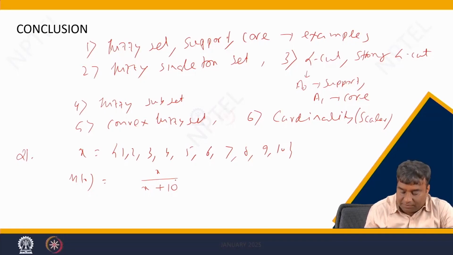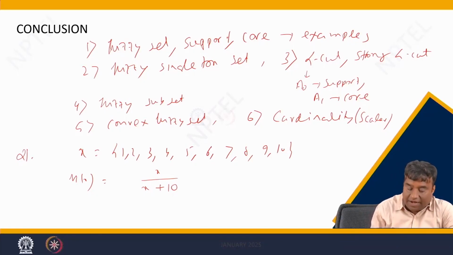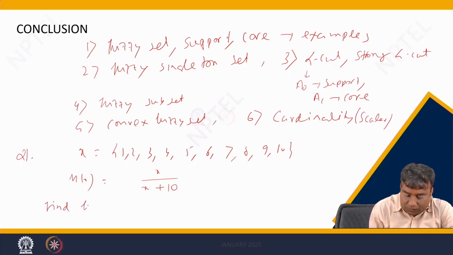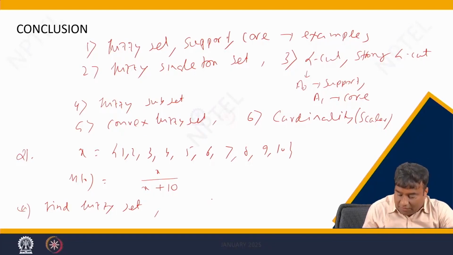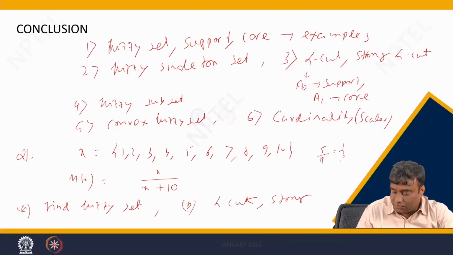So find the fuzzy set, and second, let alpha equal to 0.33. So find the alpha cut and strong alpha cut.